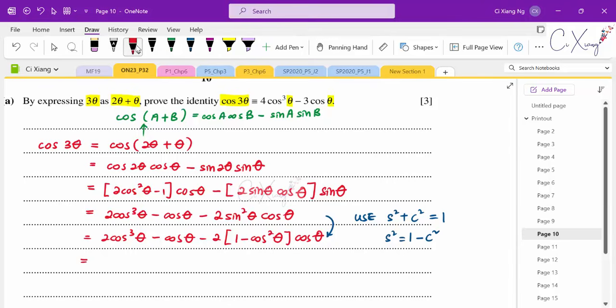Okay, then again, slowly simplify and expand your equation here. So 2 cos cube plus 2 cos cube, you're having 4 cos cube.